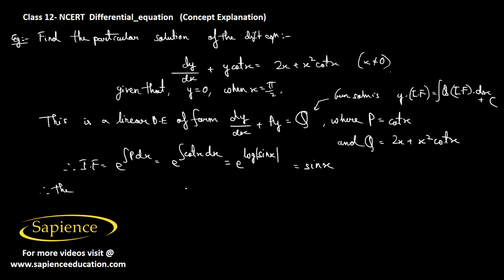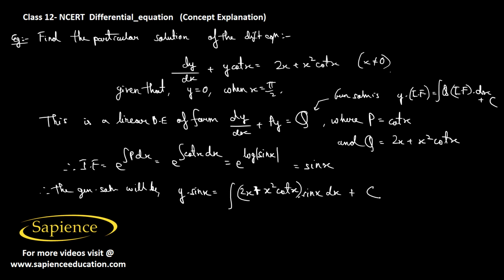So the general solution will be y times sin x equals integral of 2x plus x square cot x into sin x dx plus c.